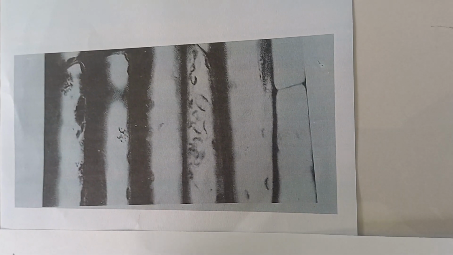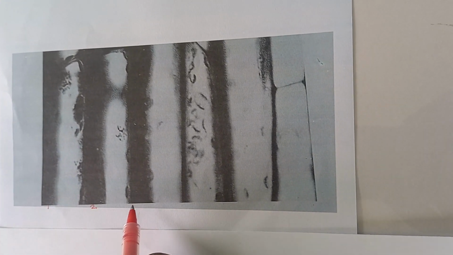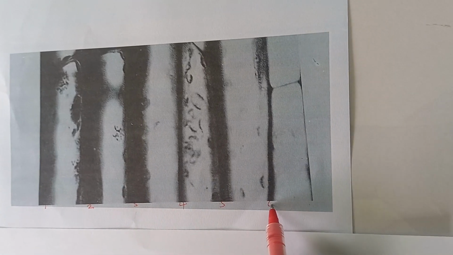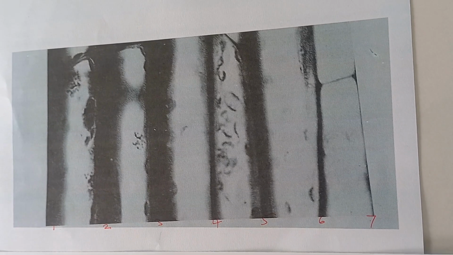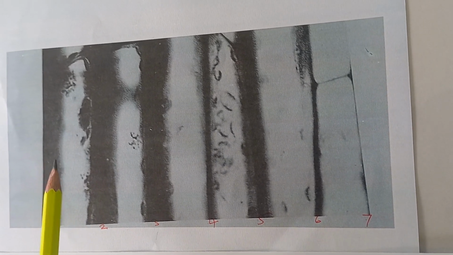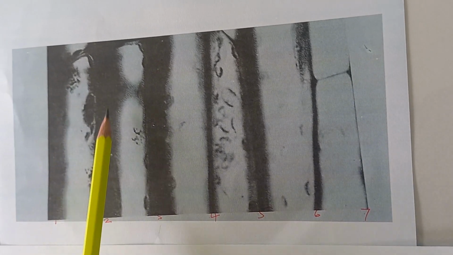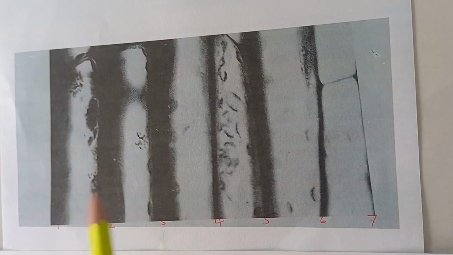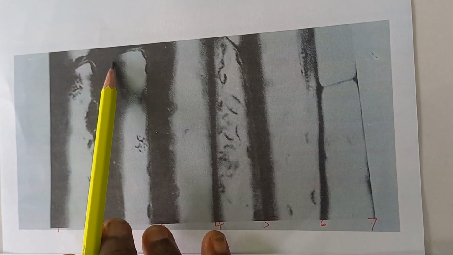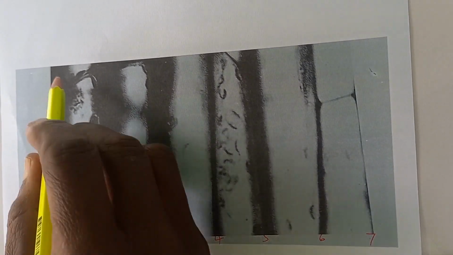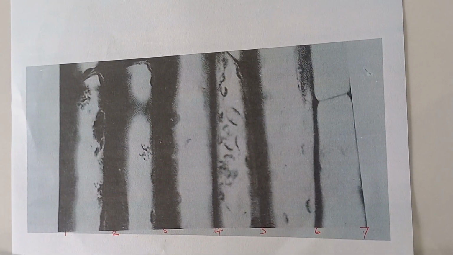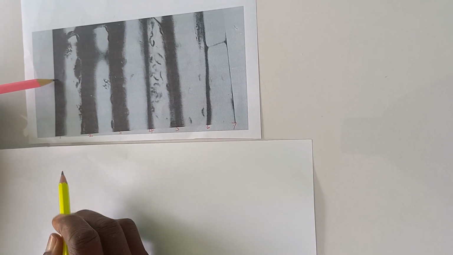Well, I want to label 1, 2, 3, 4, 5, 6, 7. Yes, in drawing plant cells, we always have to put in the outer walls first. So in this case, we have to gauge, we have to determine where the outer wall between this and this is. So we gauge where the outer walls are.